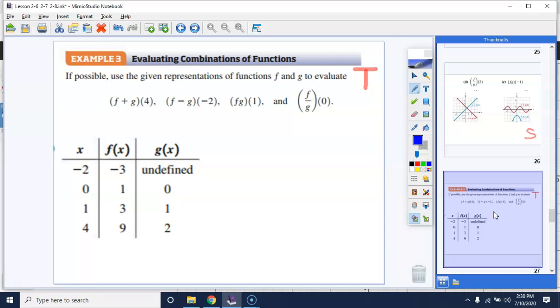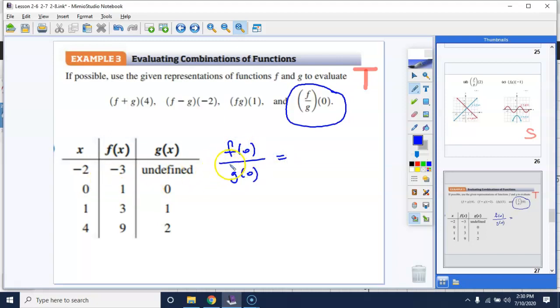So what about here? What do we do here? Let's say I'm going to go with this one first. How do we find this? If we have a table, I'm going to do the same thing. It doesn't matter actually. So f of 0 divided by g of 0.